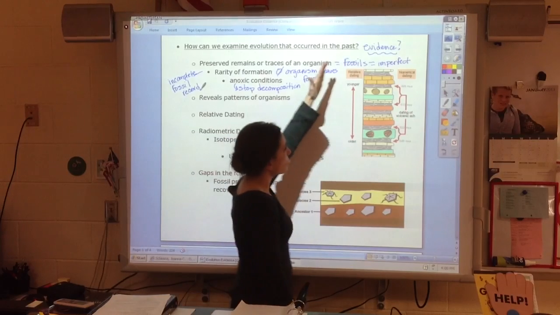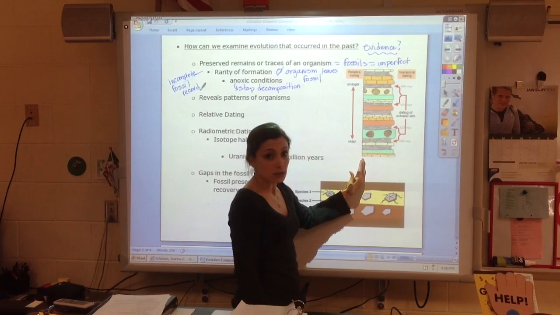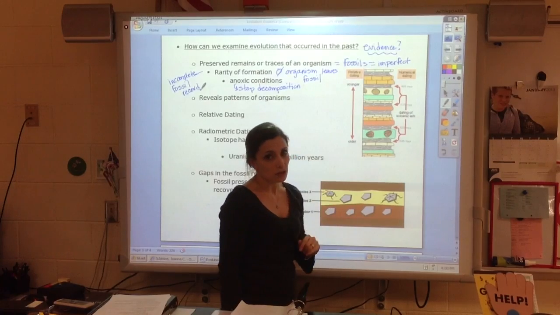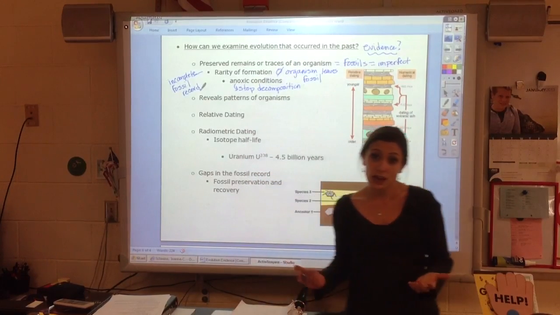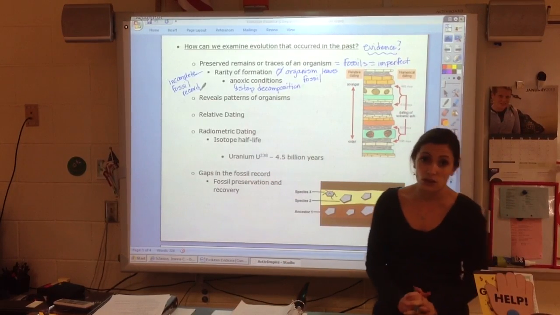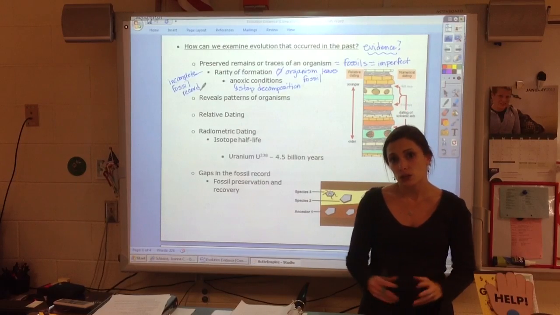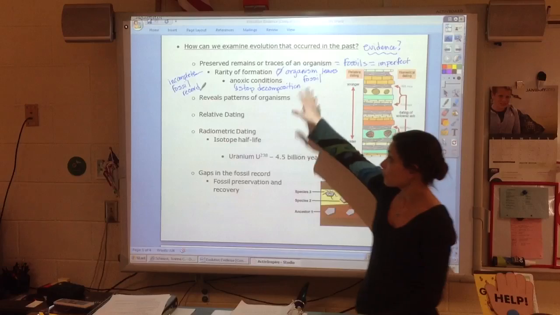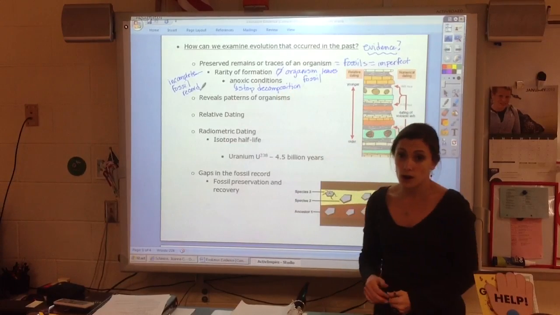So what we are looking at here are levels of the Earth's crust, and we're actually able to see patterns over time. A real casual analogy that I like to use is the idea of your laundry basket. And when you change clothes, if you put your clothes in the laundry basket, you actually have a record of when you wore what clothes.